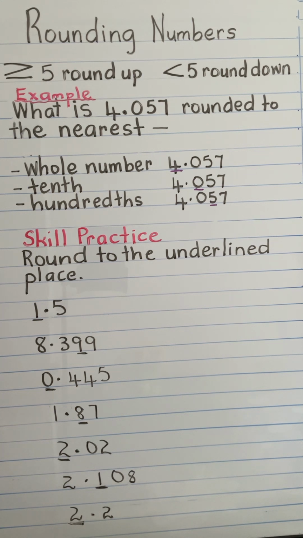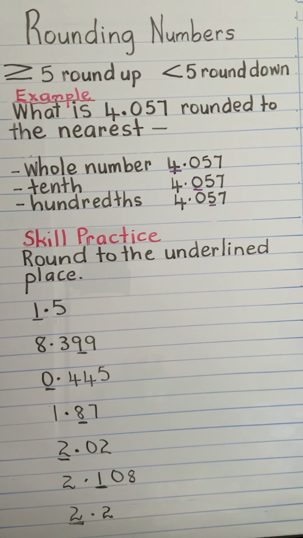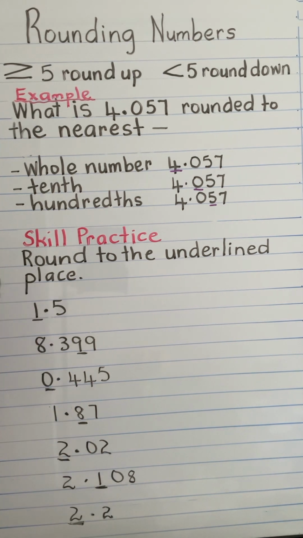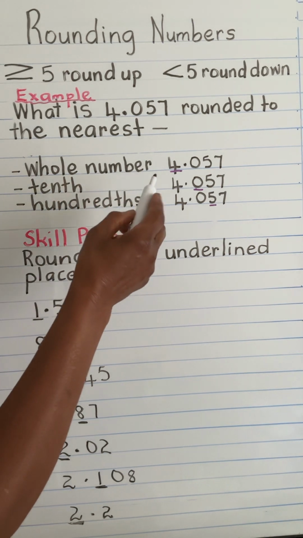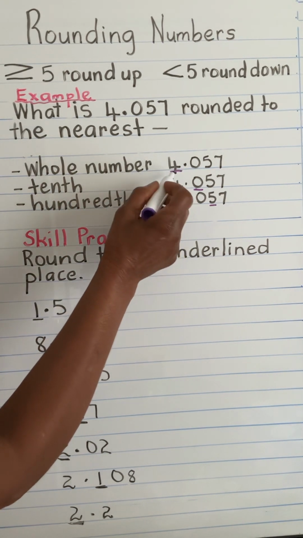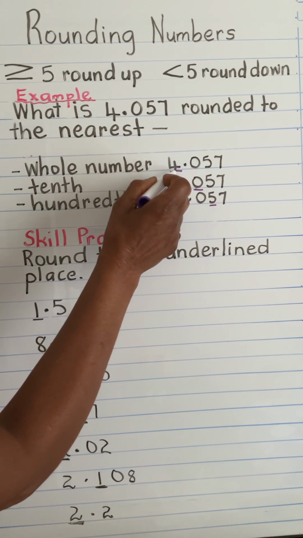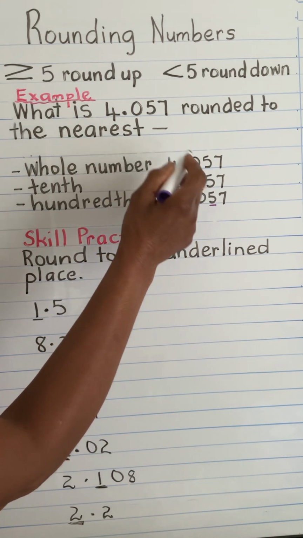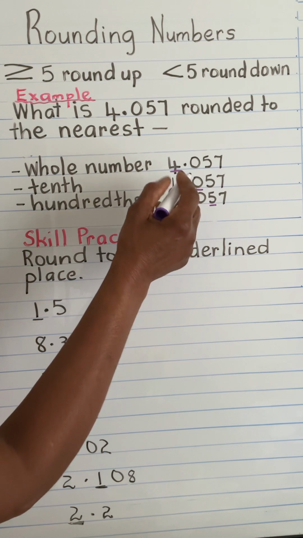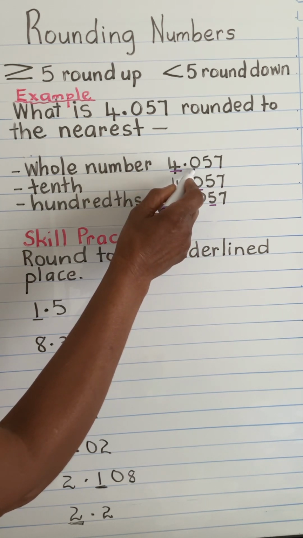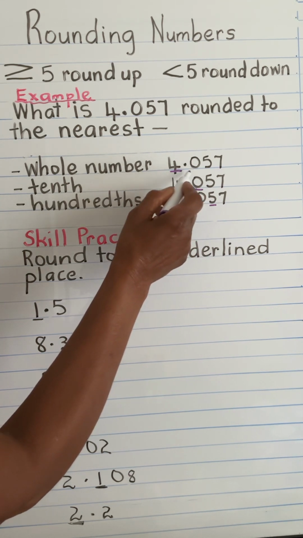So when you're rounding a number, first you identify the rounding number. The number in the rounding place is 4. So we're going to look at the next place to the right, and if the number is 5 or more, we're going to round up.